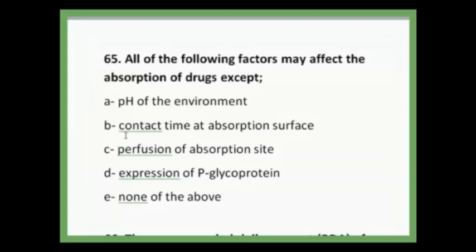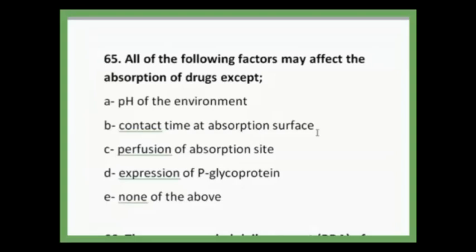Now the B option, contact time at absorption surface. We know that the more contact time of the drug at the absorption surface, the more chances for absorption. So definitely this is also one of the factors that will affect the absorption of drugs.